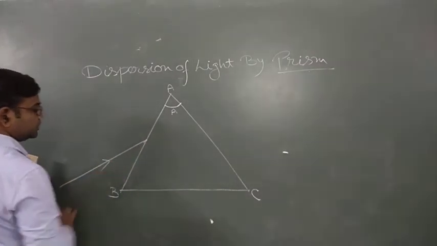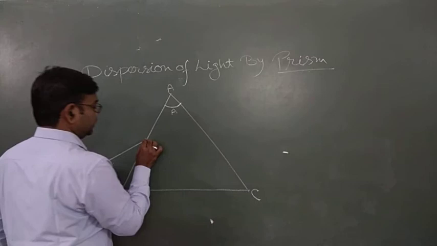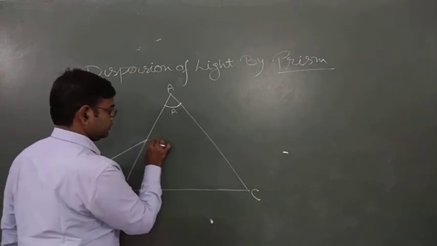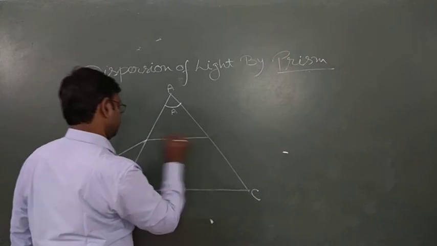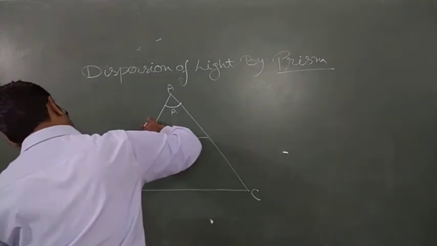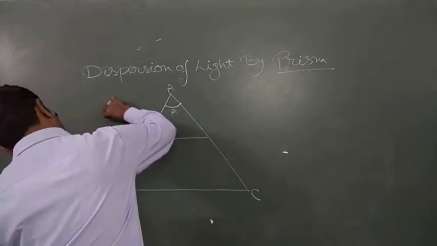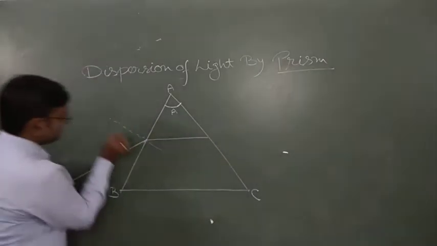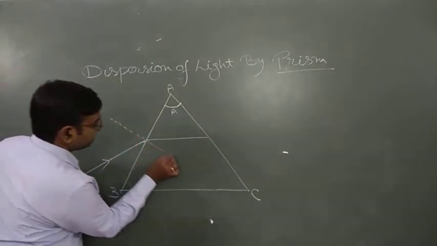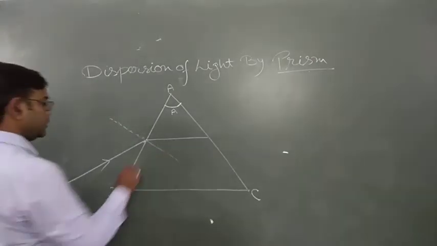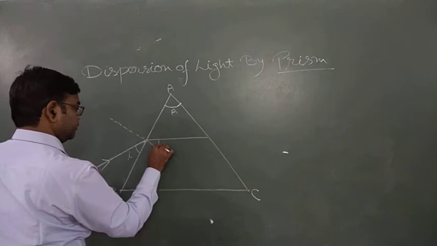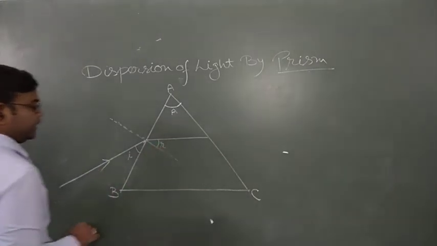Clear? There is some deviation of path. Light rays shift towards the normal by obeying the laws of refraction. Clear? For the prismatic case, this is your imaginary normal, this is your angle of incidence and this one is the first angle of refraction.